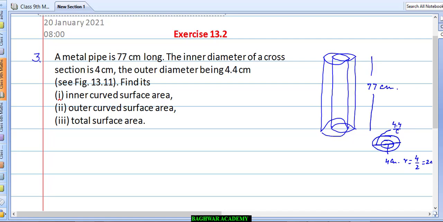So R will be 4.4 divided by 2, that is 2.2 centimeter. Now you need to find out the inner curved surface area.